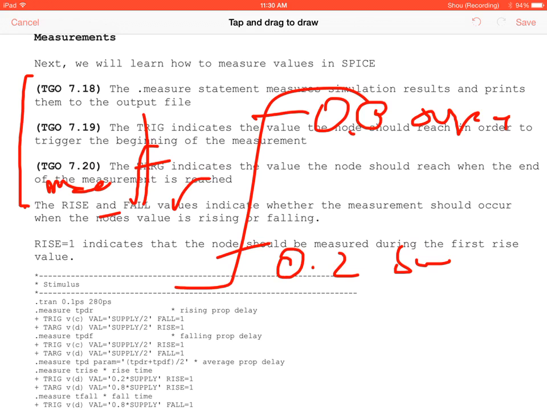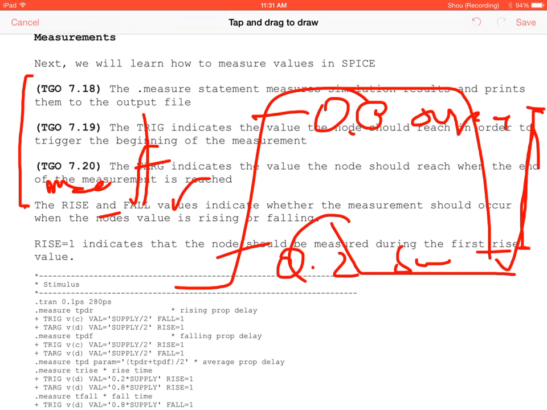So if you don't indicate whether it's a rise or fall, here's what you can get: 0.2 of the supply, all the way up through 0.8 of the supply. So not only have you measured the rise time here, you've also counted the entire time it was low, plus the last 0.2 of the previous fall.